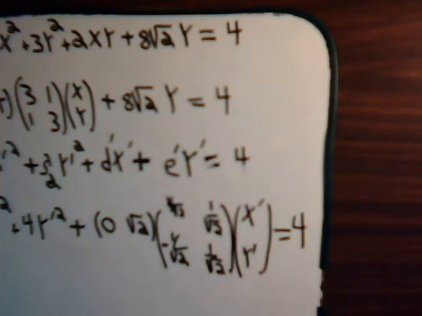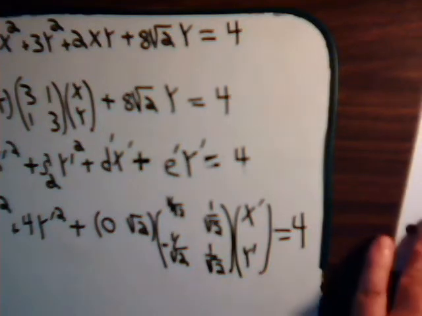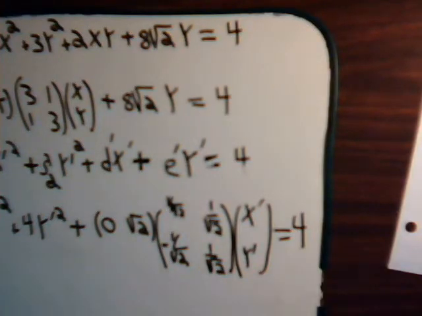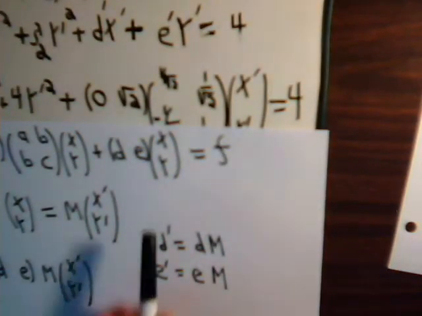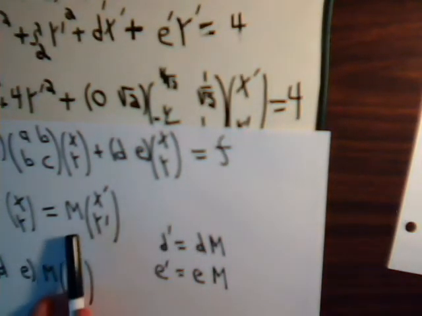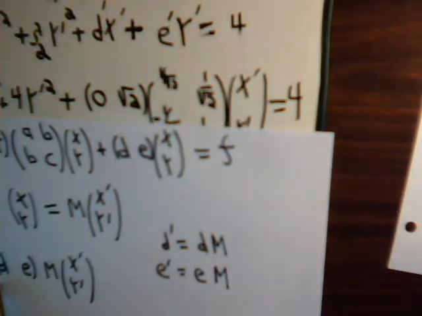What we did right here is just what we showed a couple of steps back, if we can find it. Right here. So we have this times the Model matrix times x prime y prime.